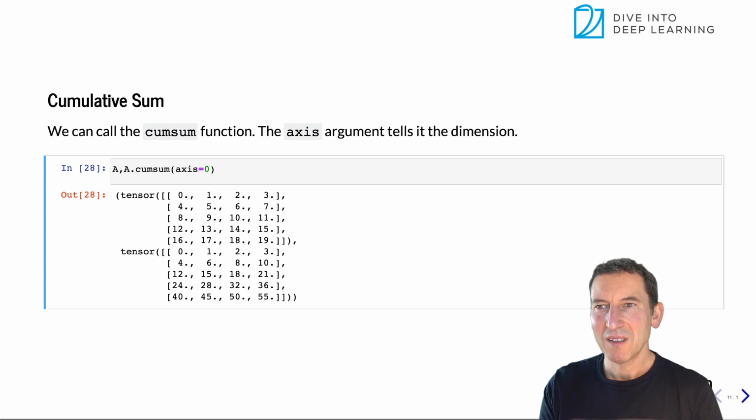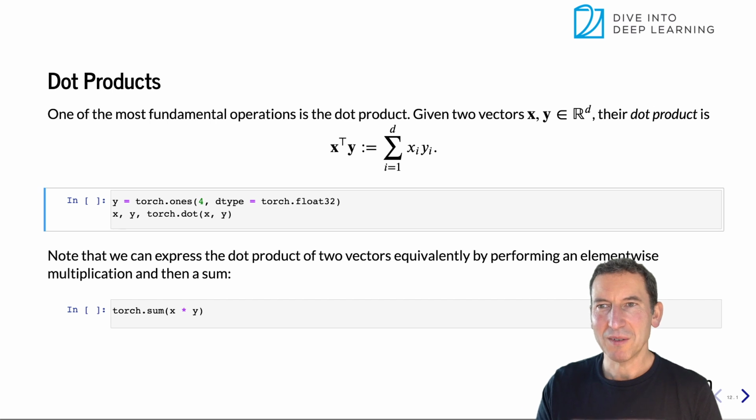Okay. Let's see what else we can do. Well, now we can do the interesting things that matrices and vectors and other things are actually known for. Namely, I can compute, for instance, inner products. So one of the most fundamental operations is to take two vectors, pointwise multiply them and sum them up, right?